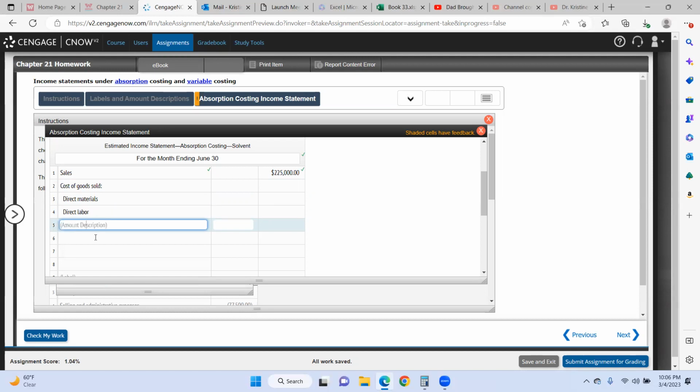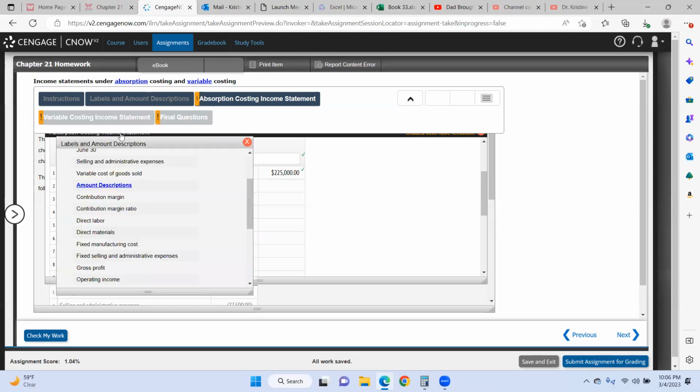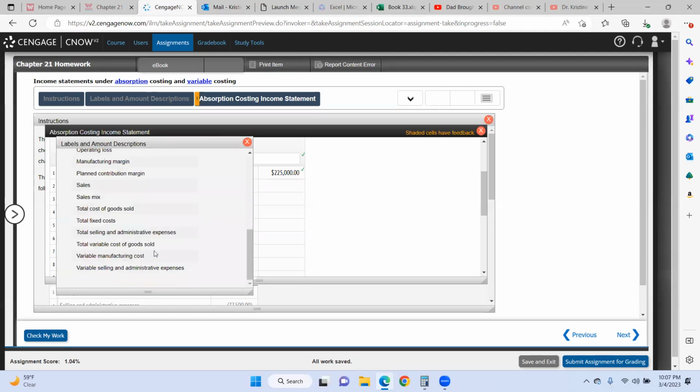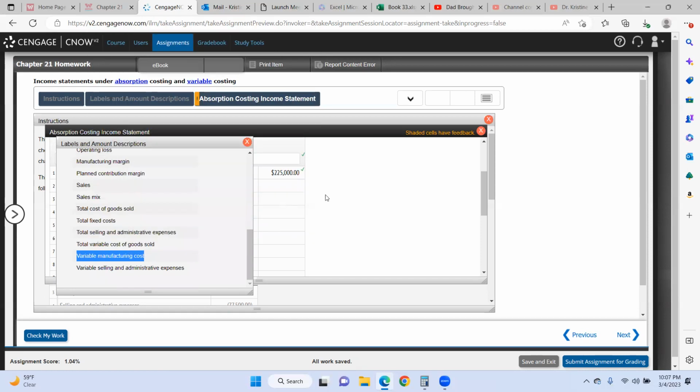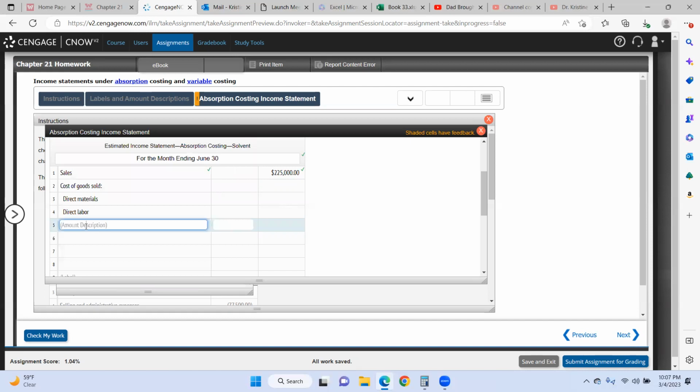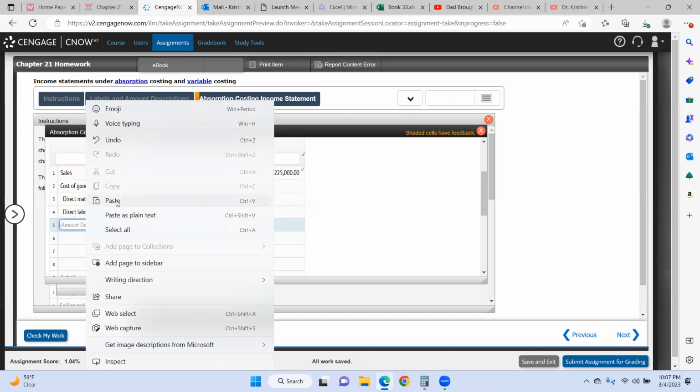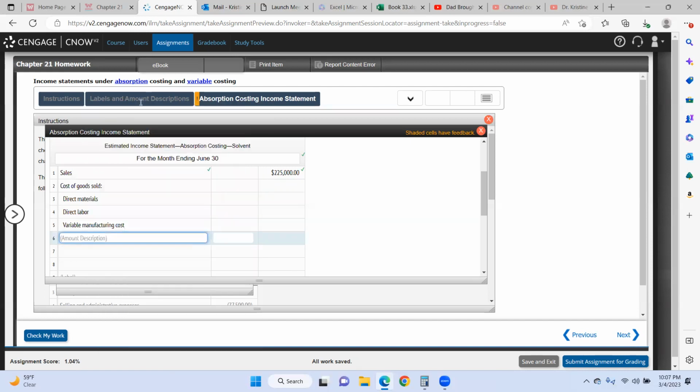Okay. This is going to be our variable factory overhead. This should be our fixed.